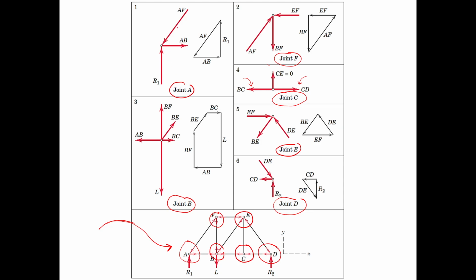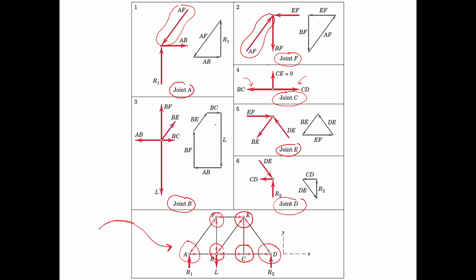Also, if you're going to look back on this later in the recording, take note that if we observe the different forces, for example in joint A, AF is in compression. Once it transfers to joint F, it is still in compression, but the direction is the opposite, because it is going towards the joint.